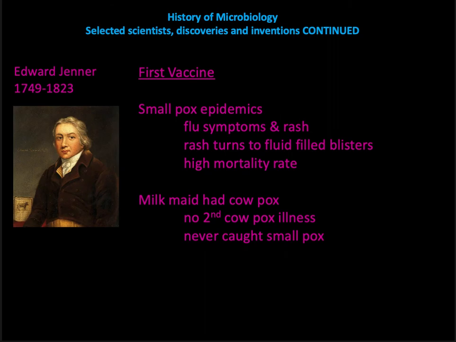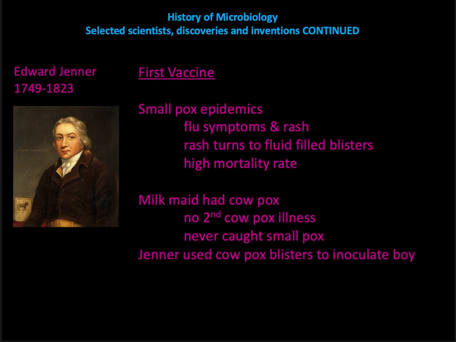And so he wanted to try this. He figured that having that first mild cowpox infection must have been responsible for giving them this protection against further infection. And so he tested it out. Now, I don't approve, and neither does the scientific community approve of the way in which he tested this. We would never just do willy-nilly experiments on humans, right? But it was a different time back then, and that's what he did.